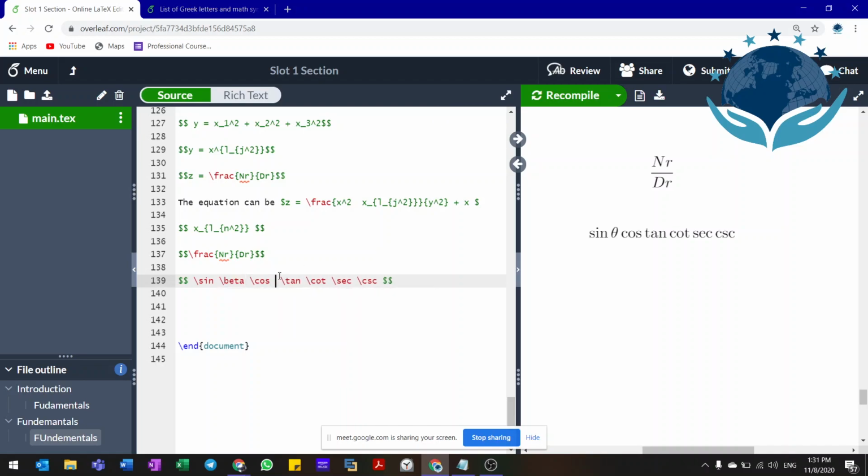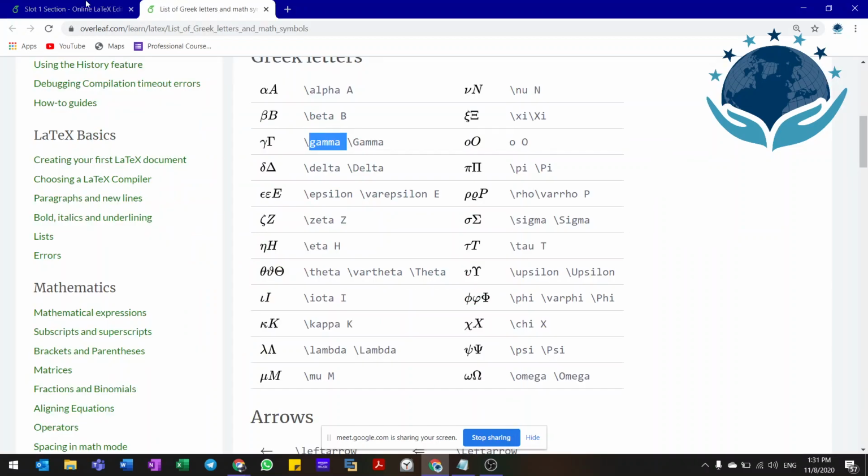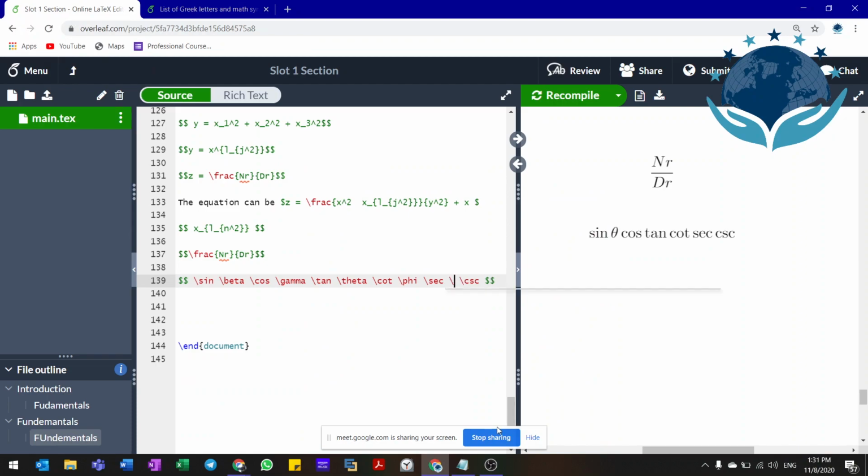Now, if you want to use gamma, you can use gamma and tan theta and cot phi, and secant omega. No need to worry, you can see that it has been inserted in a very precise way.